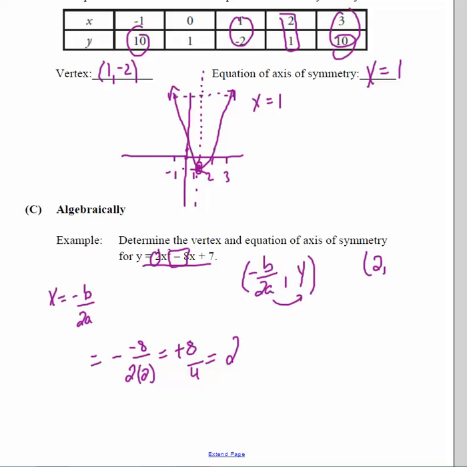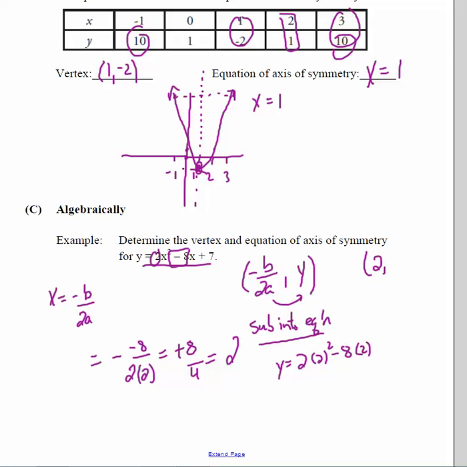Now, to get the y value, we substitute this into the equation. So we have y equals 2 times 2 squared, subtract 8 times 2, plus 7.